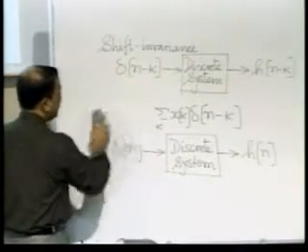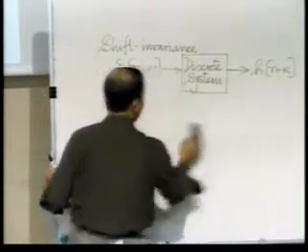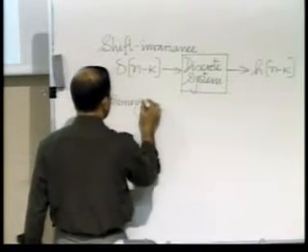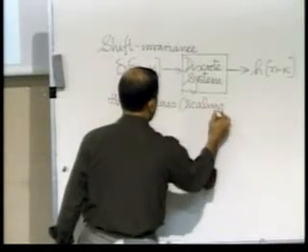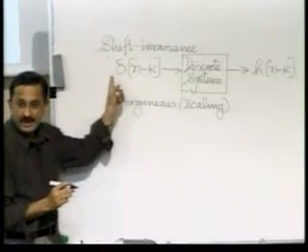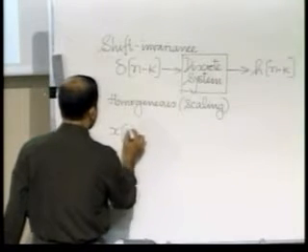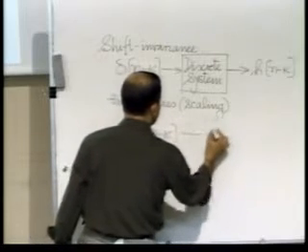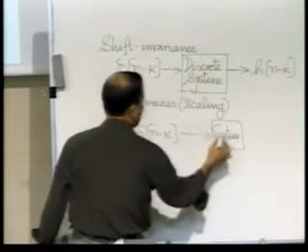Now, the next step is that of homogeneity. Because the system is homogeneous or it obeys scaling, when we multiply the input here by x[k], which is like a constant, the output is also multiplied by the same x[k].